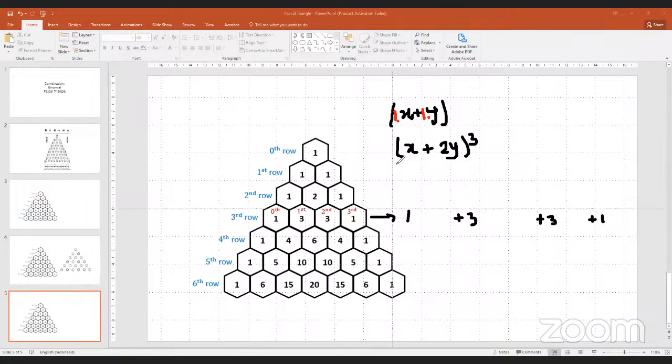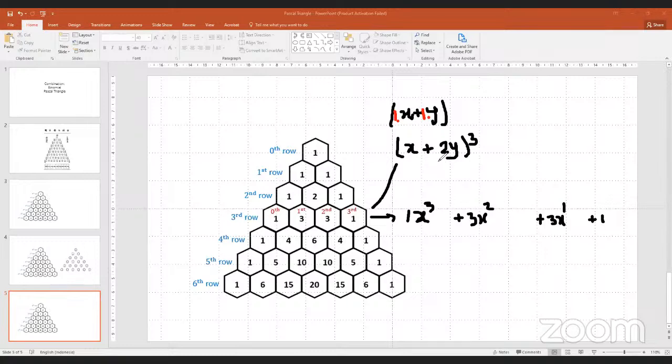Yeah, so that's to the power 3, so that is this row. And then x to the power 3, x to the power 2. So nothing changed with x.